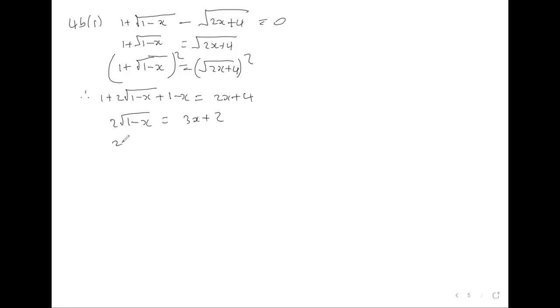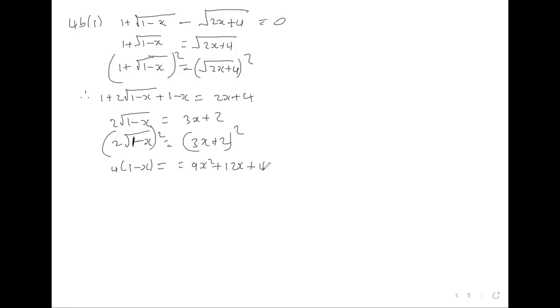Next, we're going to square on both sides. We're going to square this side, and also square the other side. So when you expand, you have 4 times 1 minus x equals 9x squared plus 12x plus 4.